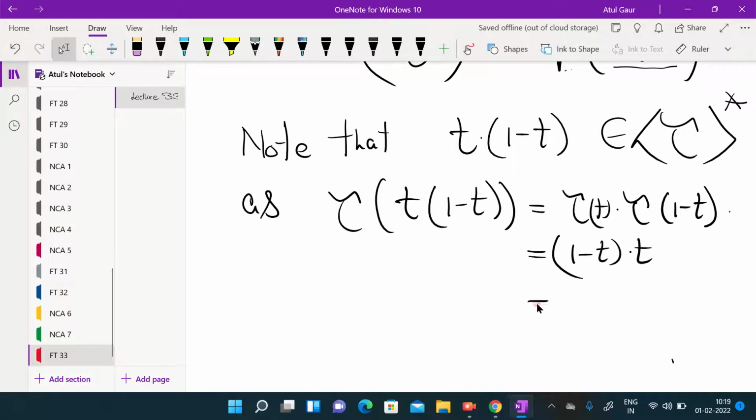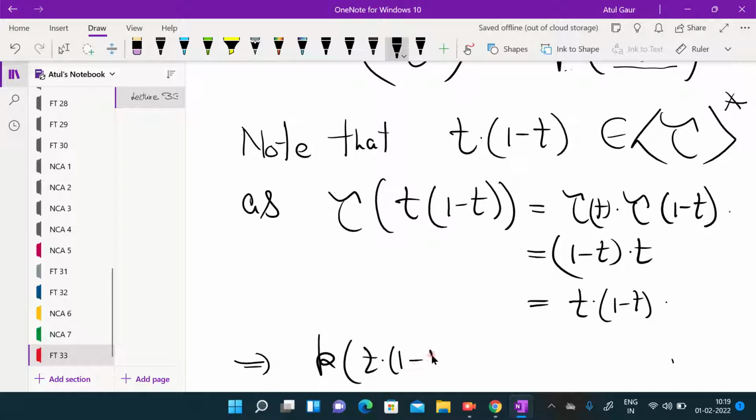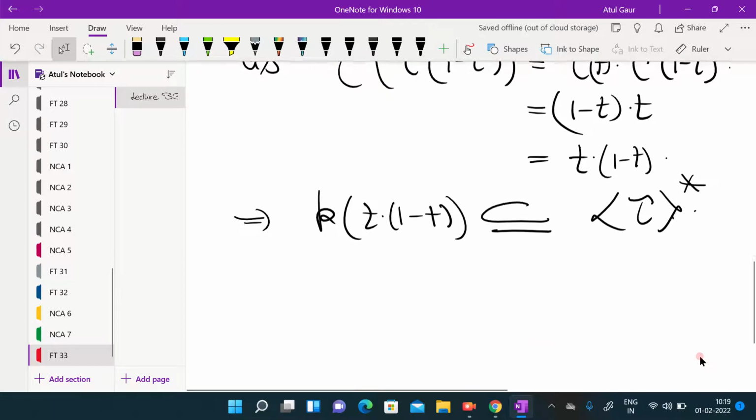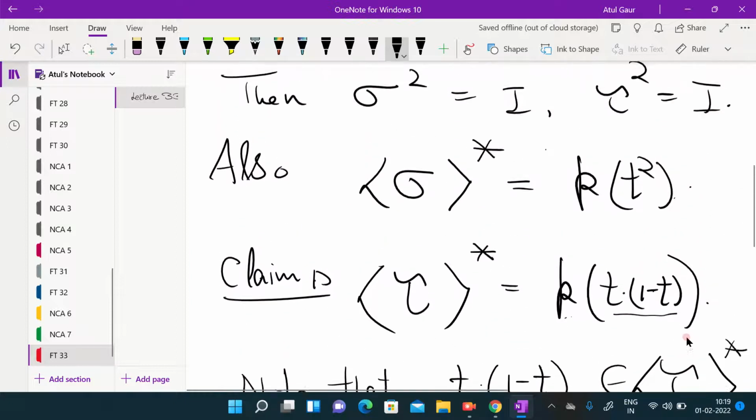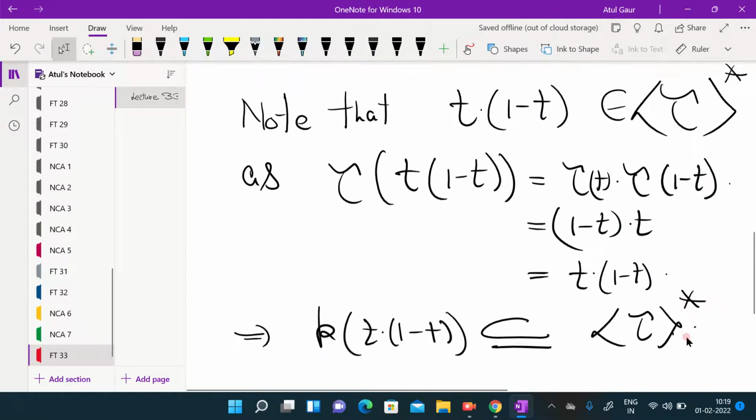So you are getting the same thing. So this will give you that K(t(1 minus t)) is contained in the fixed field of the group generated by tau. For the reverse implication, exactly the same argument will be applicable as we have discussed in case of sigma.